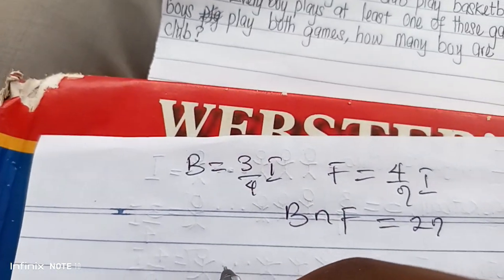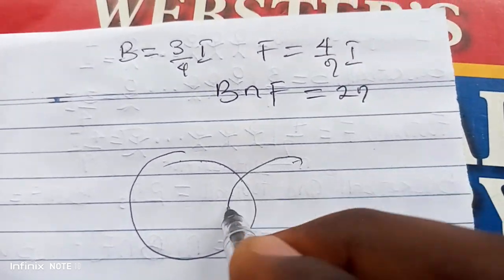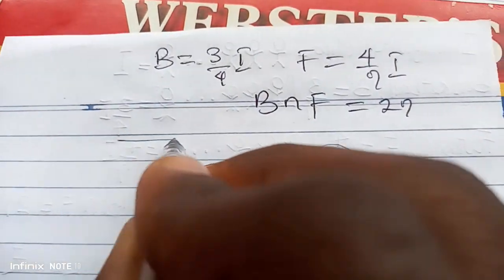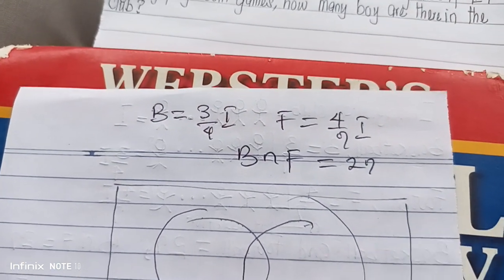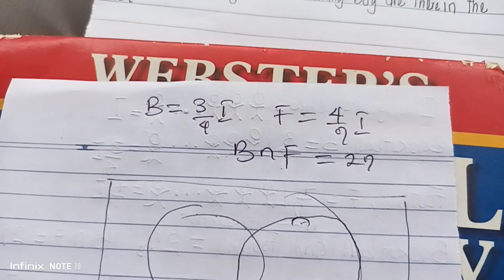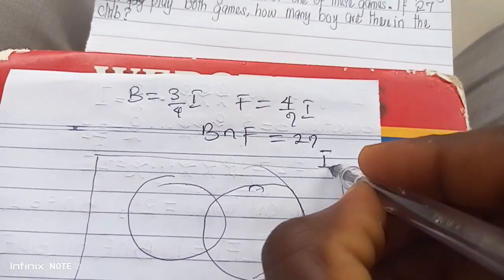So for our Venn diagram now, sorry for the way I draw it, please just manage it for me. They are both circles. So this place is your i.